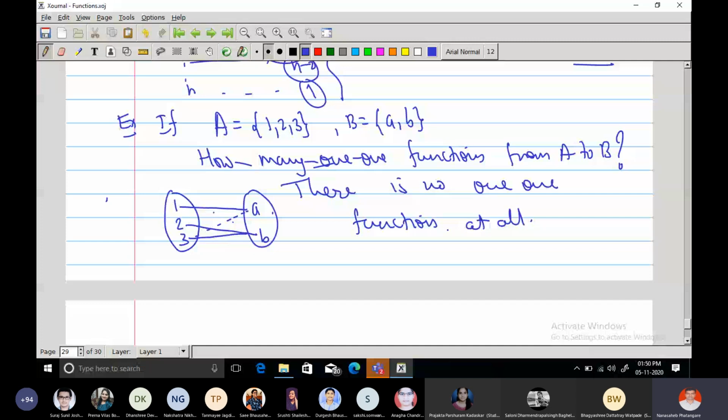Now my next question: how many functions can we define from A to B?